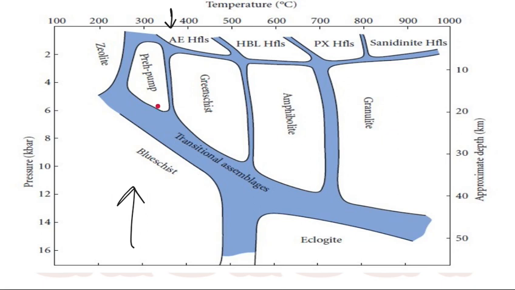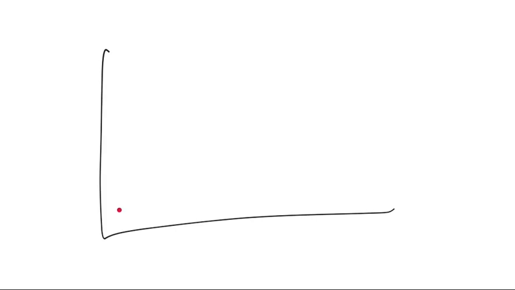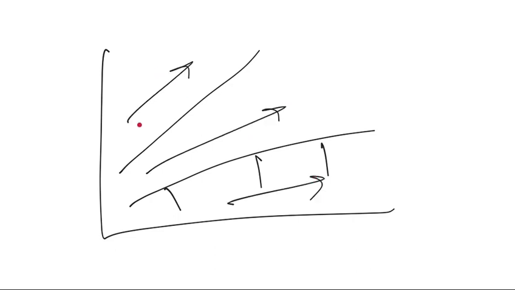No worries. Okay. I collected this from diagrams, and from the art material I draw it like this. Okay, I draw like this. So this is the contact series, this is the medium PT, and this is the high PT. Okay, blueschist and eclogite.